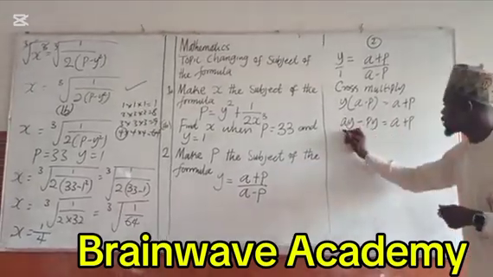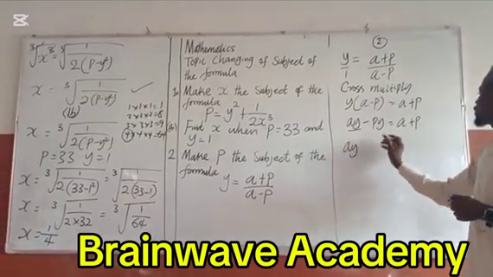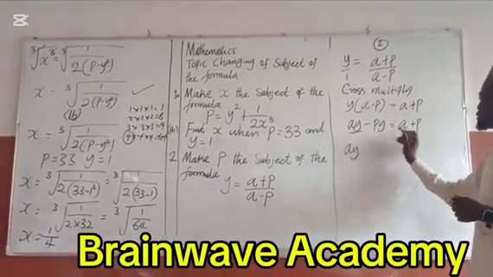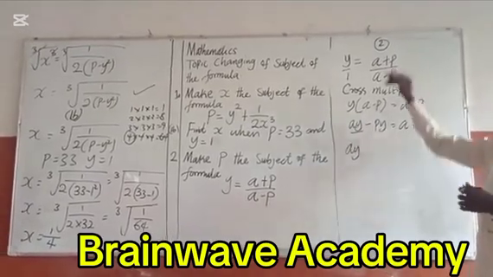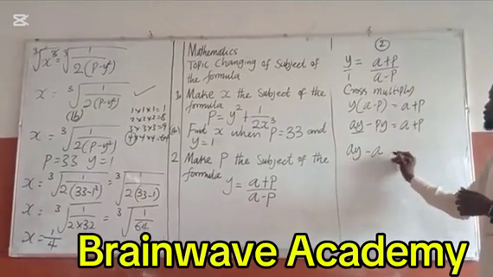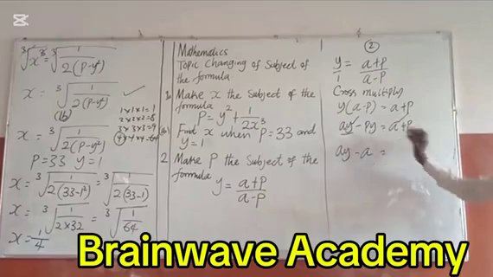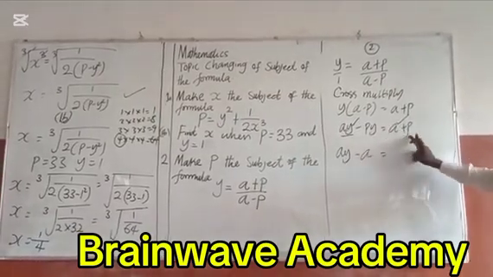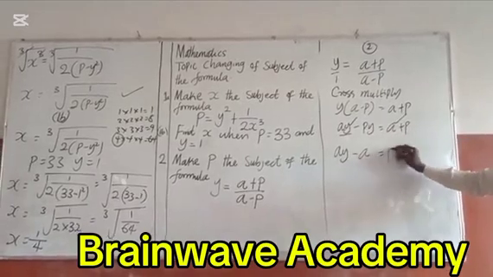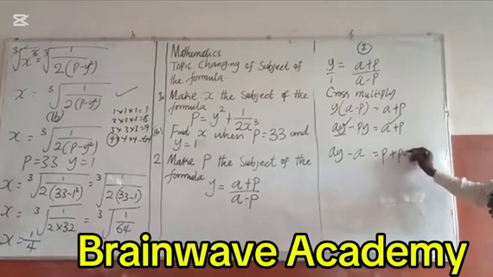So here we have AY, and this one has A, this one also has A. So this is plus A, take it to the other side, we have minus A. It's equal to, after using this and this, what is remaining is minus PY and P. So this is minus PY, take it to the other side, we have plus PY.